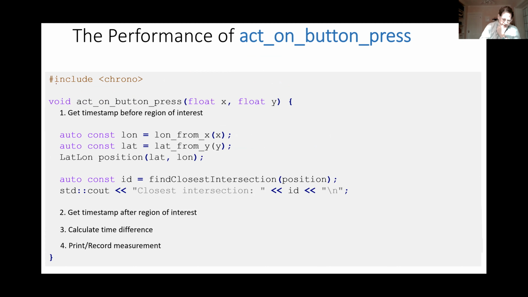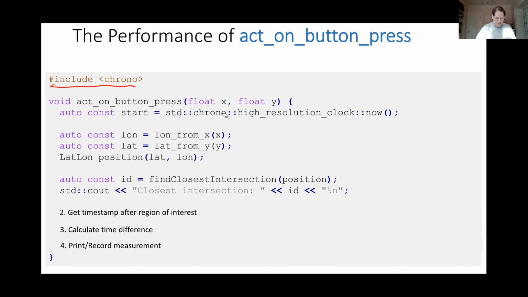So the first thing I do is I include the chrono library. That's C++'s time library. After that, I need to get the timestamp before the region of interest, and I can do that with just one call. So I'm going to get a start time. And chrono returns a time object. I don't really care exactly what that type is, so I'm just going to use auto to say whatever this function returns, make me a variable of the right type to store it.